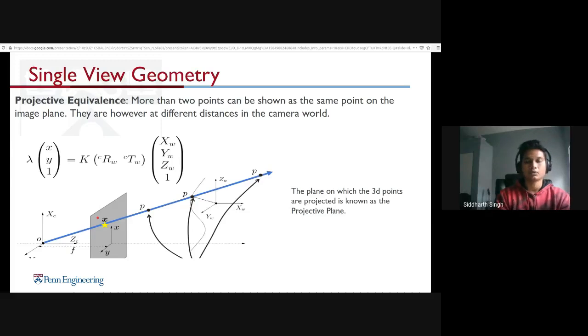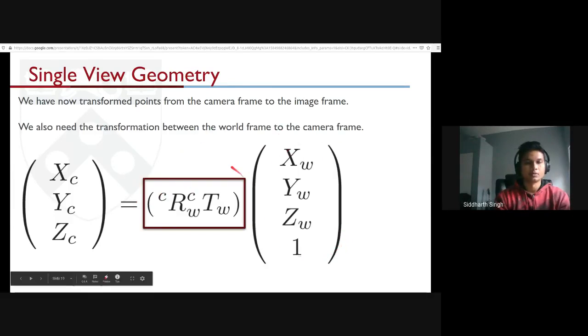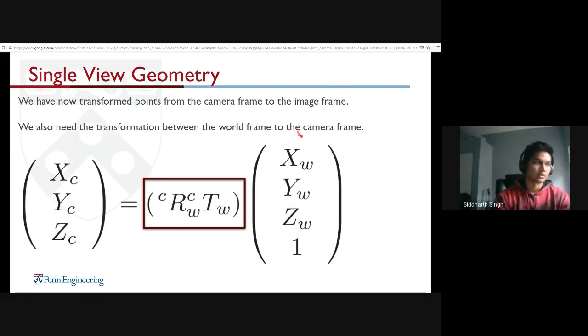Now that we have transformed our points from the camera frame to the image plane, the next thing that we need is the transformation between the world frame and the camera frame, right? Going back and talking about the very first thing that we talked about, why are we doing all of this?